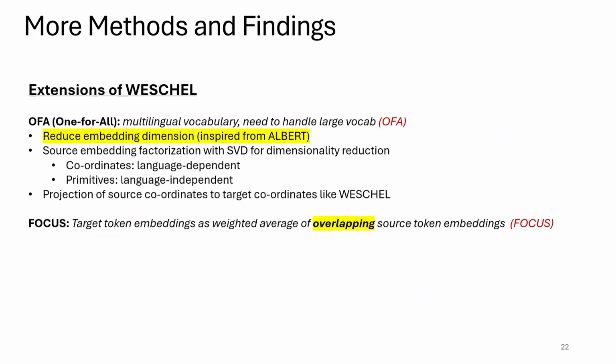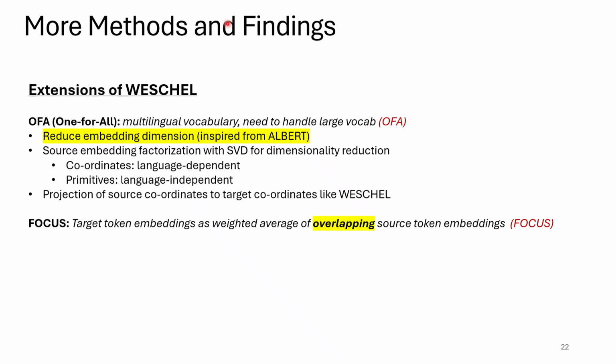There are some extensions to these simple averaging methods, like UniFA. So UniFA is an extension of Wechsel, where you want to work with multiple languages and multiple vocabularies, and therefore some optimizations are done. One is reducing the dimension of the embeddings. This is inspired from the ALBERT language model.